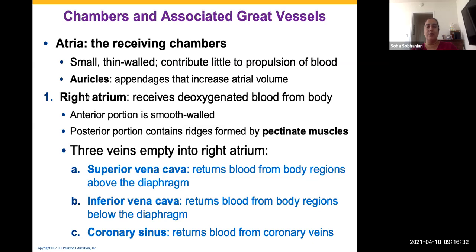So right atrium, for instance, we talked about it, receives deoxygenated blood from your body, which is superior vena cava and inferior vena cava. These are the two main ones that I talked about. I haven't mentioned coronary sinus yet. I will talk about it when we talk about the blood vessels of the heart itself, and then that becomes clear.